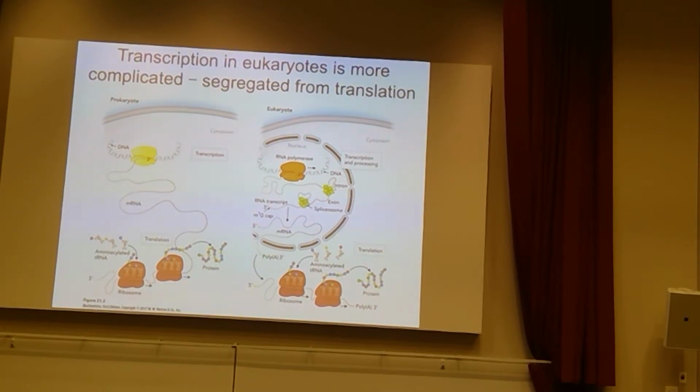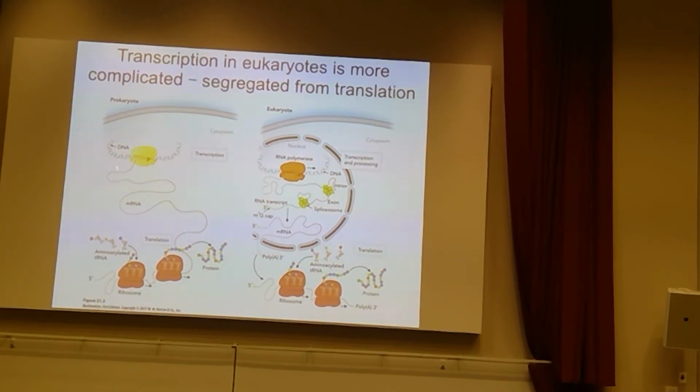So let's begin to think about this process as part of the larger picture of both transcription and translation, and think about the differences in a prokaryotic system and a eukaryotic system. So with regard to prokaryotes, it's actually quite straightforward.